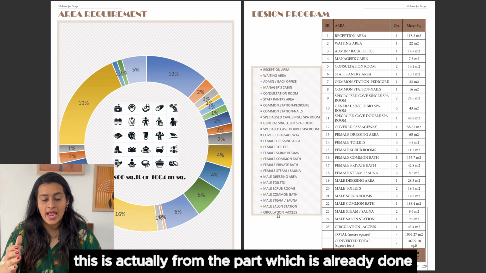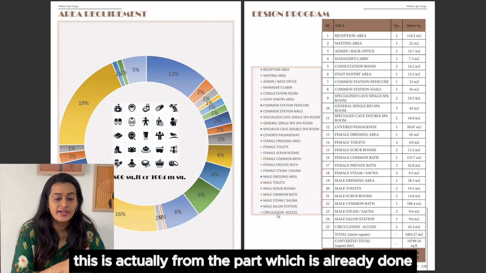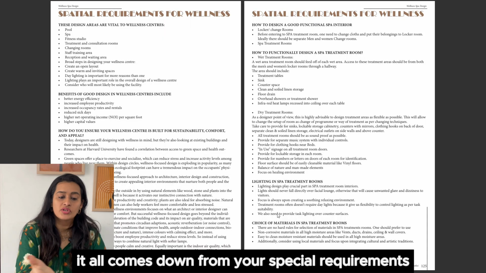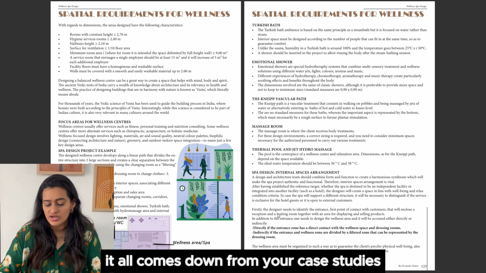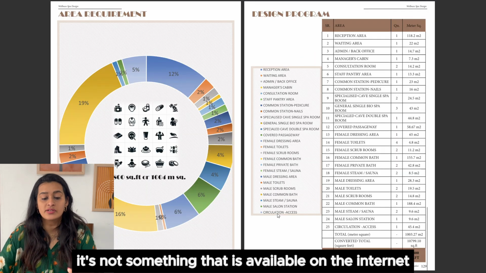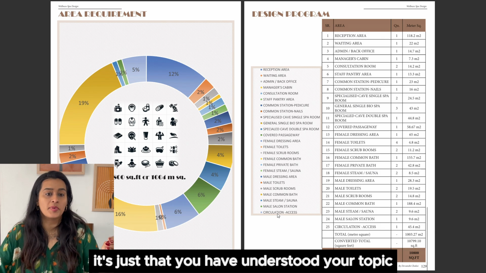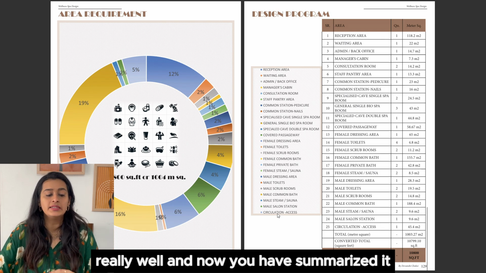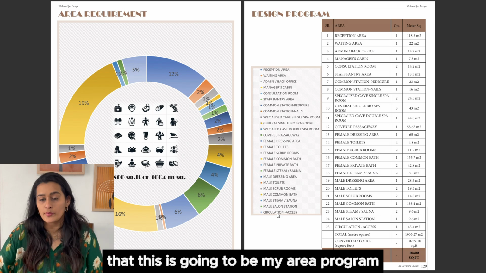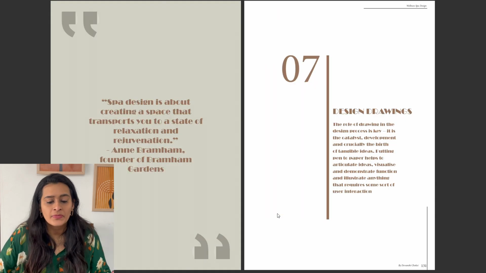All this comes from the part which is already done. It all comes down from your spatial requirements and your case studies. It's not something that is available on the internet. It's just that you have understood your topic really well, and now you have summarized it, that this is going to be my area program, and you are ready to pitch.